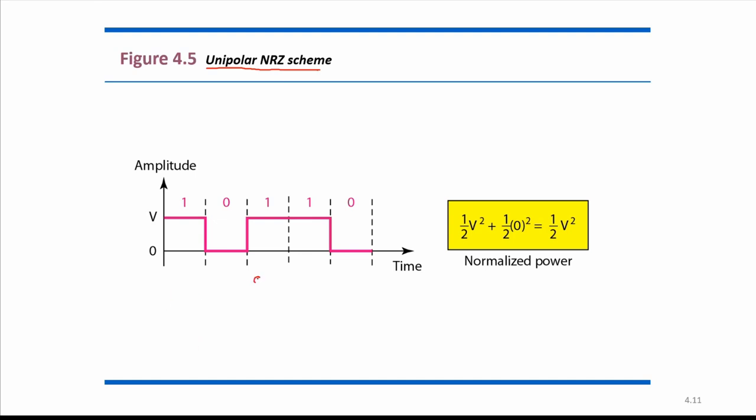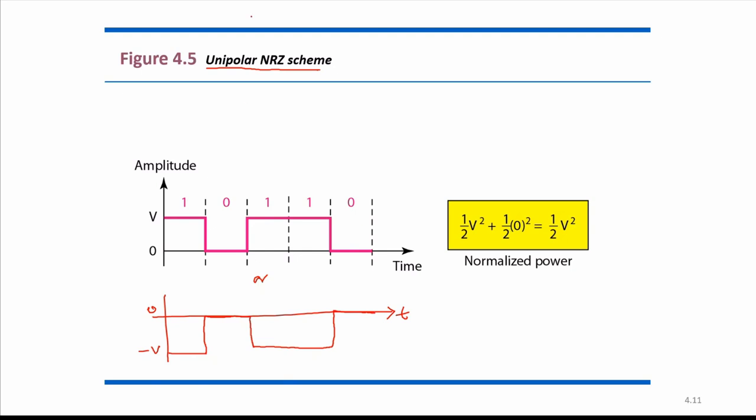That means a unipolar waveform will have amplitude 0 and it can be represented by minus V. If it is representing 1, then for 1 it can be negative, and whenever it is 0 it will be 0.